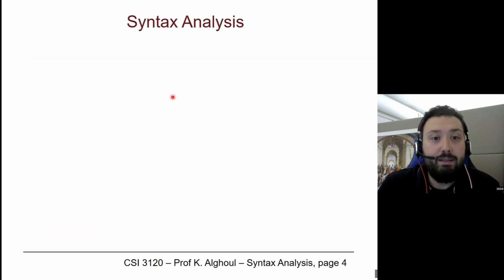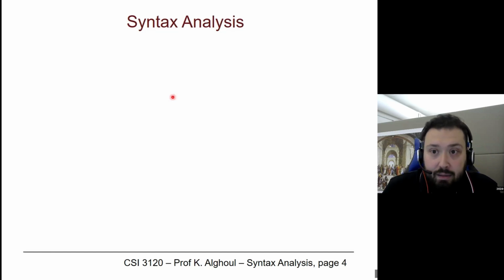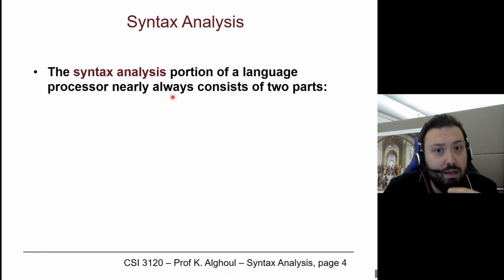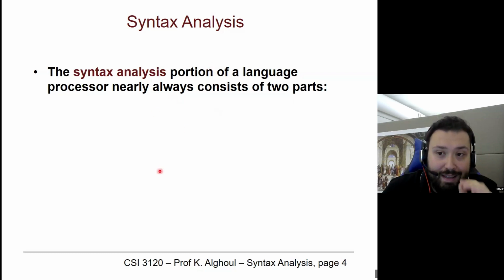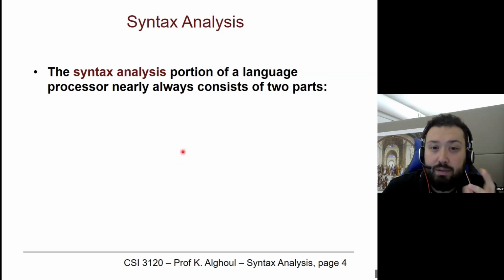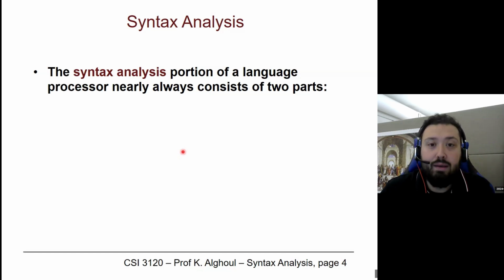So, syntax analysis. The syntax analysis portion of a language processor nearly always consists of two parts. What are these two parts, guys? We just said that it is going to be the lexical analyzer, which is responsible for what? For the low level part, which are the symbols, and we're going to name them as lexemes or tokens, correct?